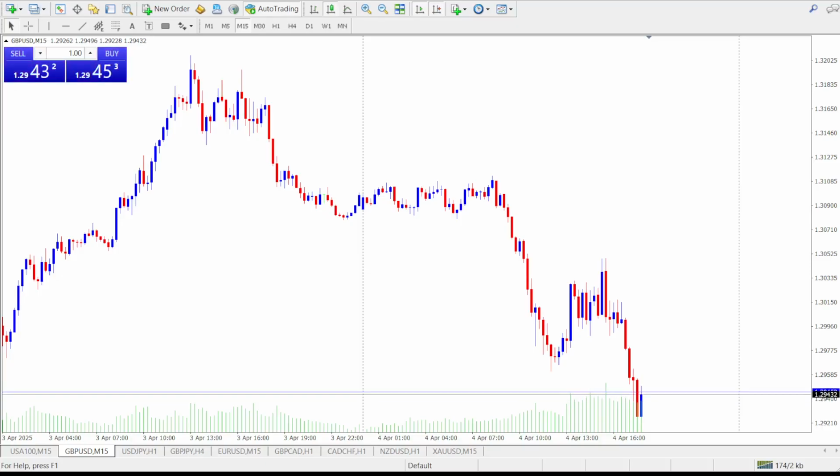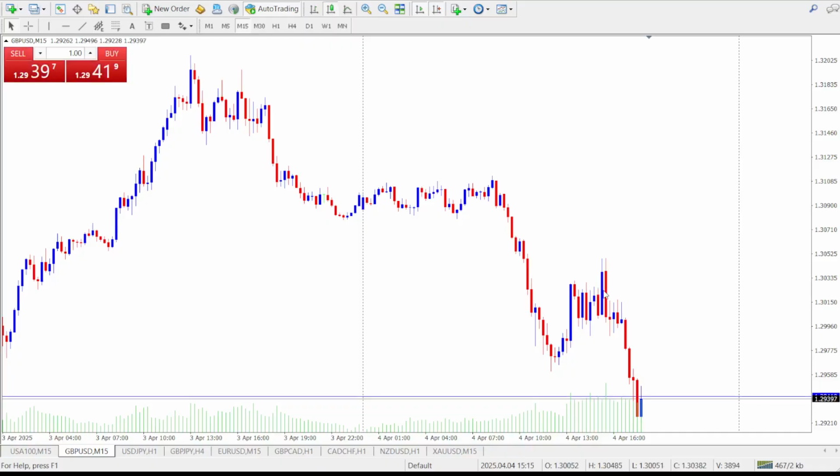We'll break down exactly what the Strength Candles Indicator is, how to use it, and why it's a must-have tool in your trading arsenal. So let us jump right into it.